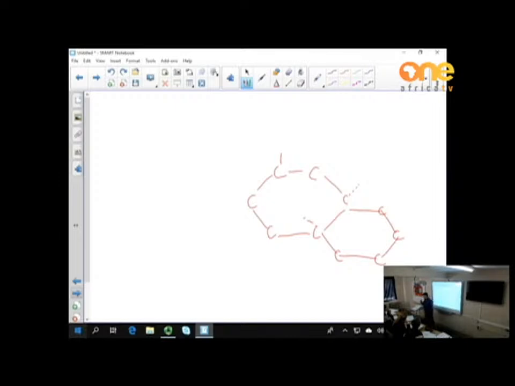Conduction implies energy is transferred from particle to particle. We've done conduction, convection, and radiation. Okay? Metals are good conductors. Non-metals are poor conductors. Why?